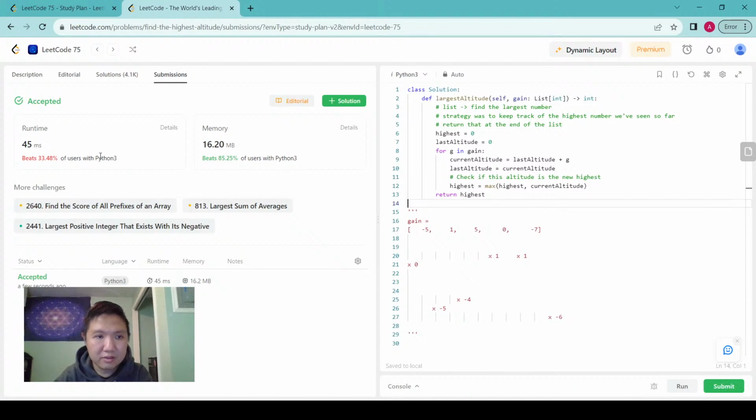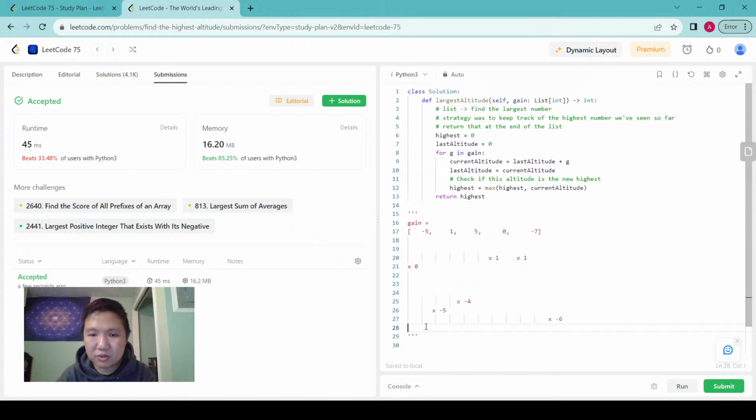Beats users with Python 3. So I've realized actually, this is funky. This is not users with Python 3. This is beats 33.8% of all users. The reason why this is so low is because we're getting compared to C++ users, who obviously have an unfair advantage. But also, I'm not sure. I've seen mixed reports.